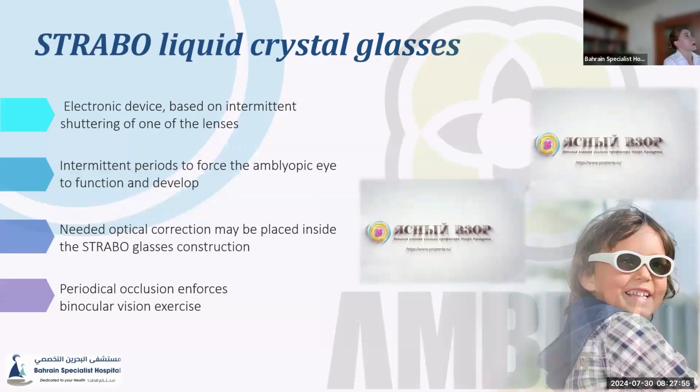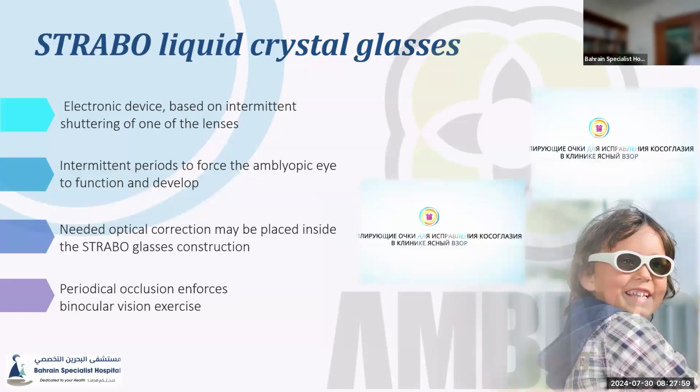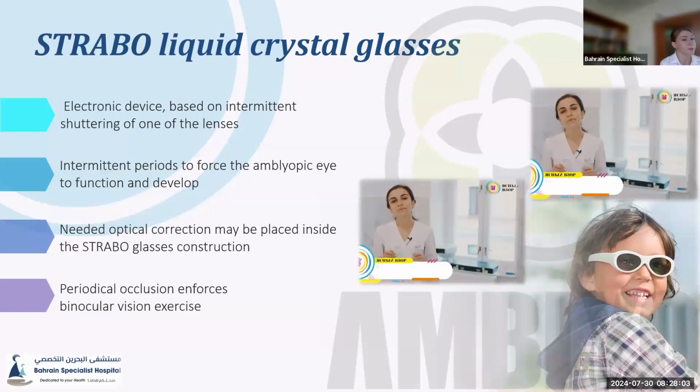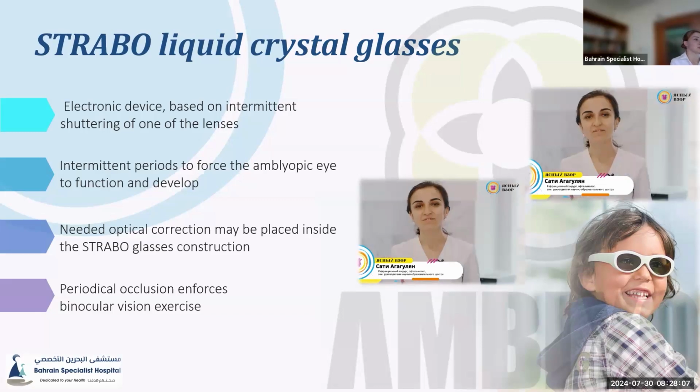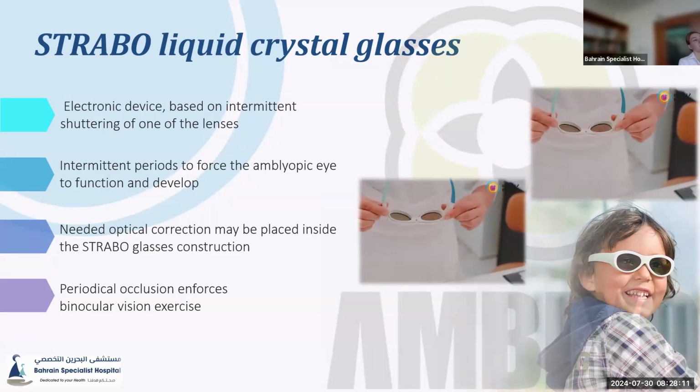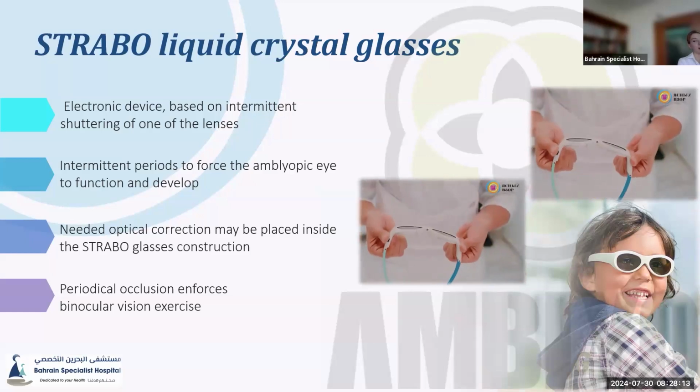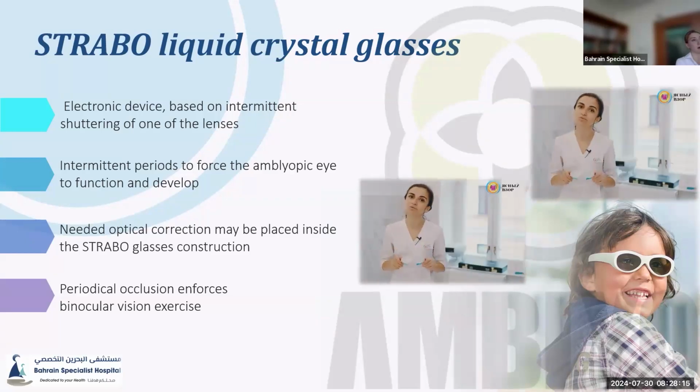Another development of our professor Igor Znevyan is the Strabo liquid crystal glasses. This is an electronic device based on the intermittent shuttering of one of the lenses. So actually, it's some kind of occlusion, but it happens in these liquid crystal glasses.